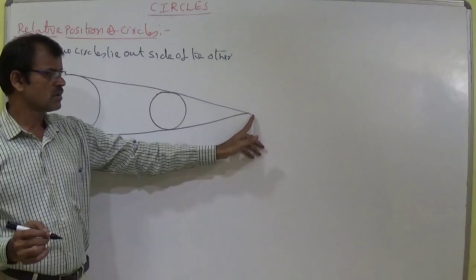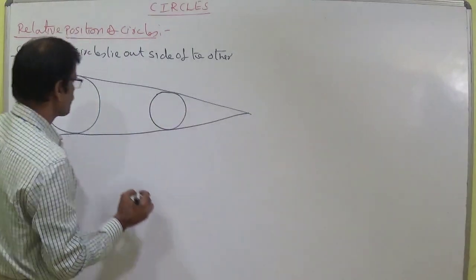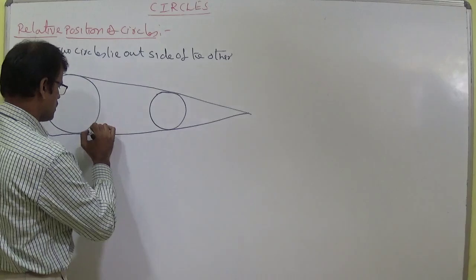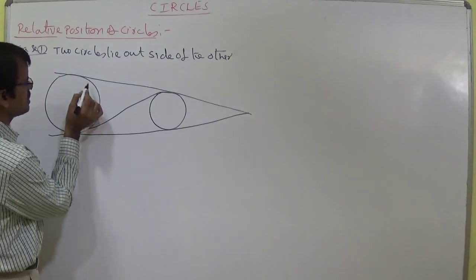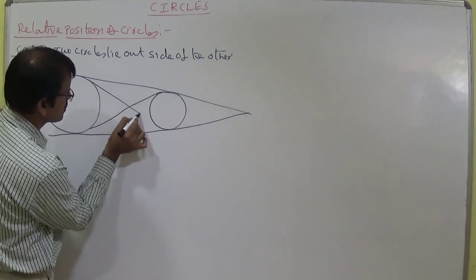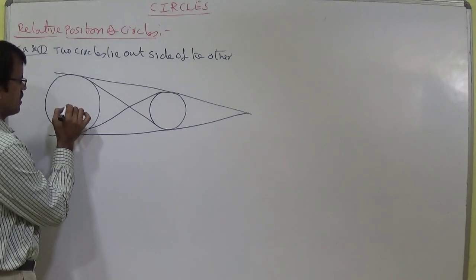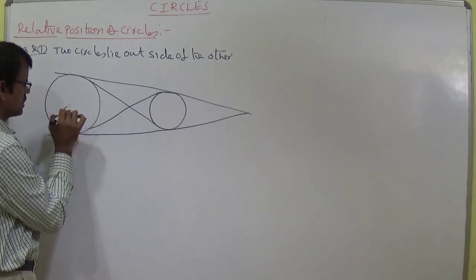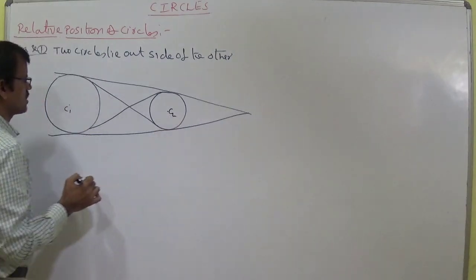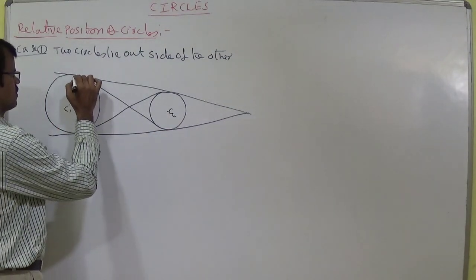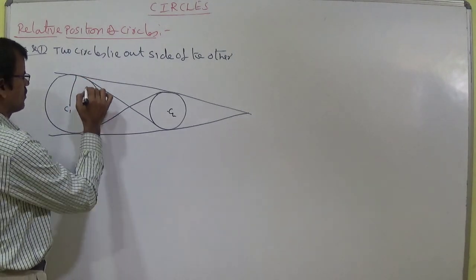The 2 tangents intersect at a point externally to the 2 circles. For the 2 circles again we can draw tangents in between like this. Now let me discuss the theory. This is center C1 and this is center C2. Here, this is R1, the point of contact.